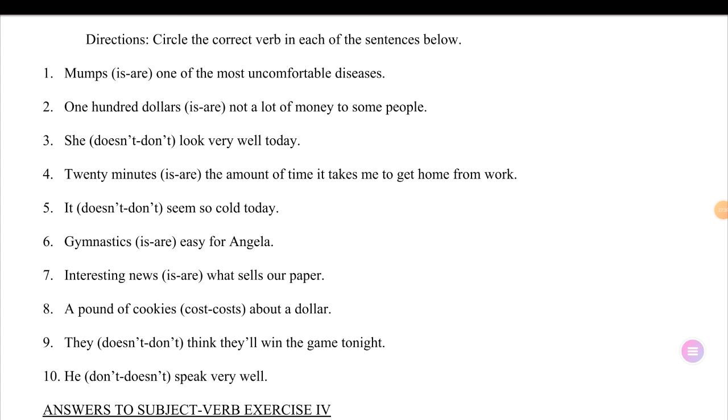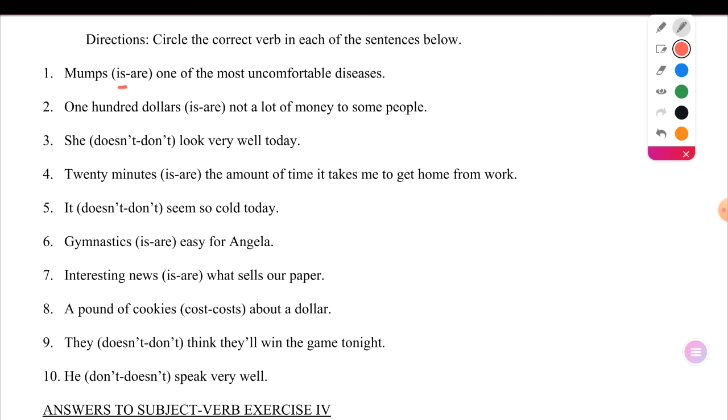Mumps is or are one of the most uncomfortable diseases. We said mumps is one of the words that appears plural in form, but we deal with it as singular. So it would be: mumps is.